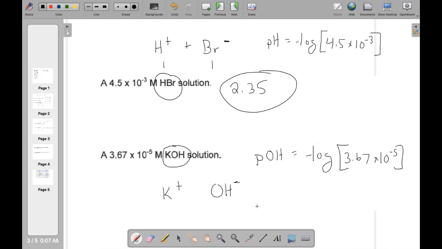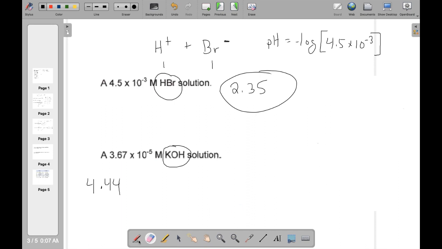Minus the log of 3.67 times 10 to the minus 5 equals about 4.44. Okay, and that means I have to go back and plug that into my pH plus pOH equals 14.